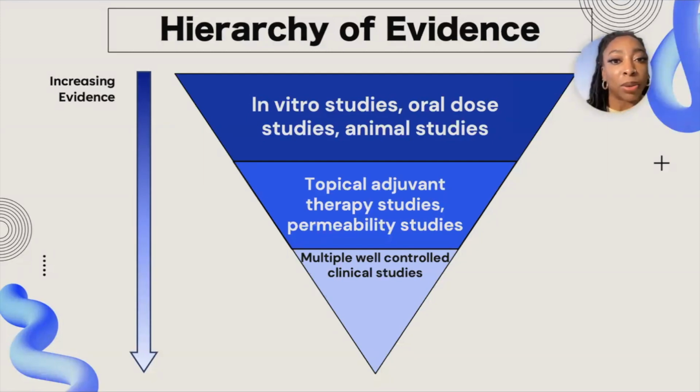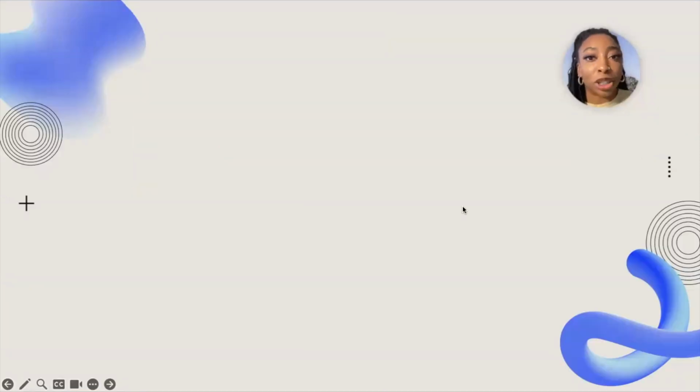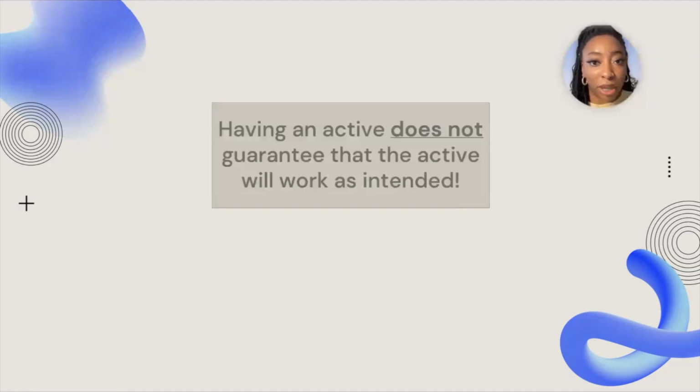This is a funnel that goes from low evidence at the top to high evidence at the bottom. And it's reflective of the fact that there are tons of actives now, some that may have marginal efficacy data and are staking their claims off of low relevant studies, but there are only a few well researched and well understood actives. This brings us to an extremely important point.